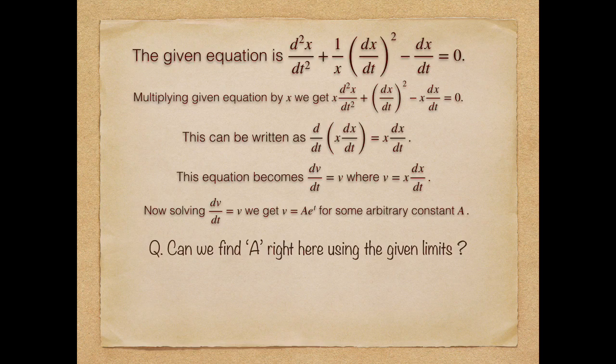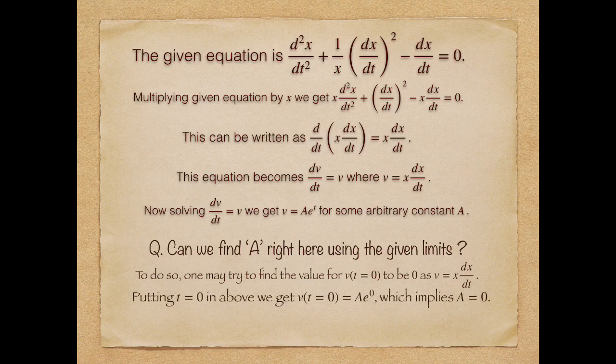For example, whether we can put t equal to 0 in the above equation to find the value of a. But for that we need to know v at t equal to 0. But as the value for v at t equal to 0 is not directly given, we calculate it to be 0, as v equal to x dx dt, and x at t equal to 0 is 0.